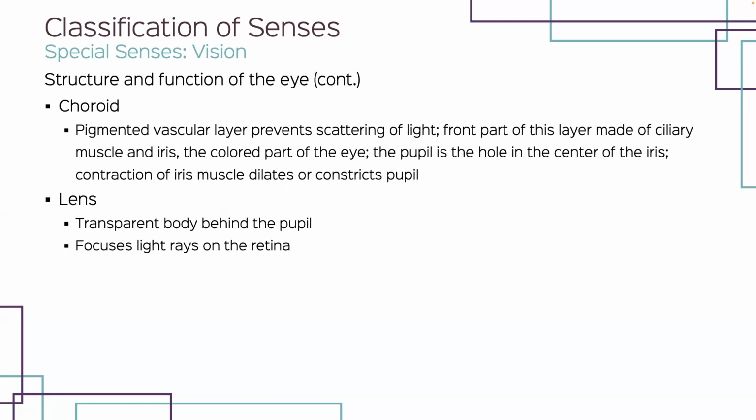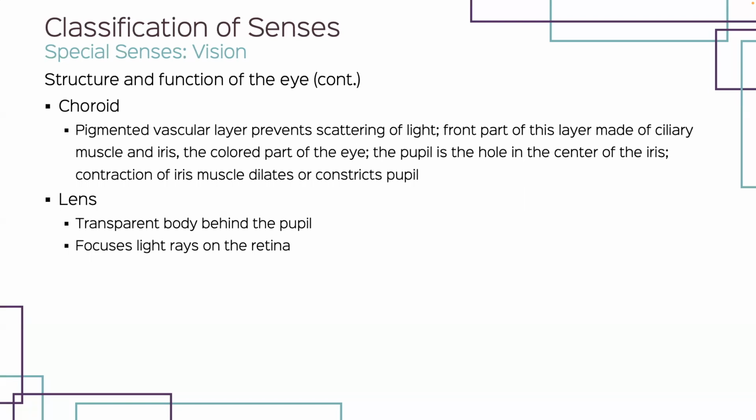Several involuntary muscles make up the anterior part of the choroid, and some of the iris, or that colored structure that's seen through the cornea. The black center of the iris is really a hole in the donut shaped muscle known as the pupil. Most of the fibers of the iris are going to be arranged like spokes in a wheel. When they contract, the pupils dilate, letting more light rays in.